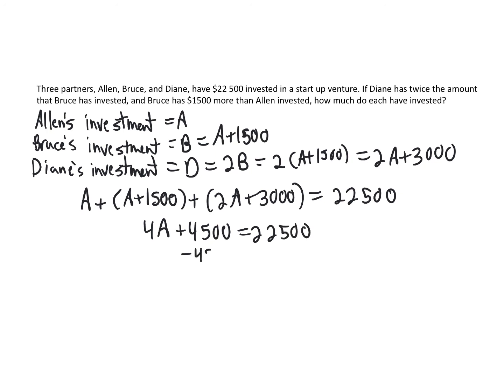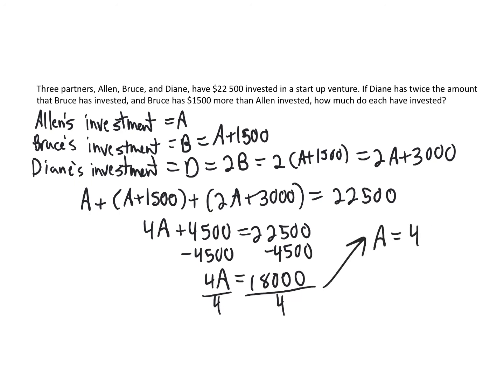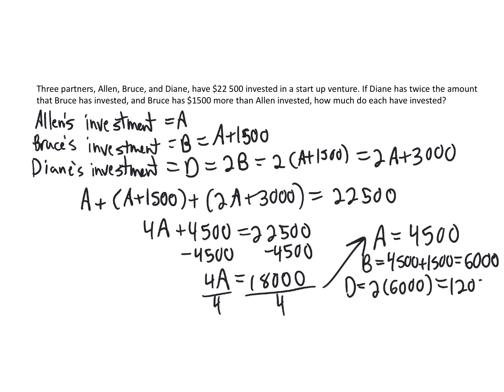Now we can subtract 4,500 from both sides, giving us 4A equals 18,000. Divide both sides by 4. This gives us A equals 4,500. Now we can find B and D. B will just be the 4,500 plus 1,500, which is 6,000. D will be 2 times 6,000, which is 12,000.